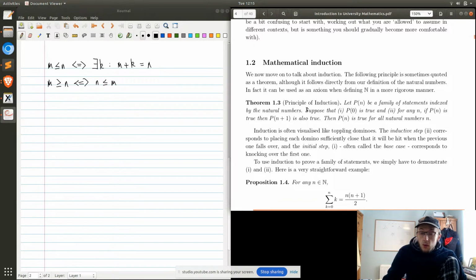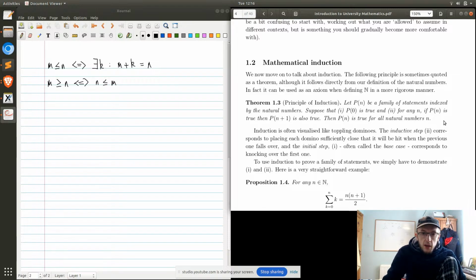Then from these two suppositions, P of n is true for all natural numbers n. Induction is often visualized like toppling dominoes. The inductive step, 2, corresponds to actually placing each domino sufficiently close that it will be hit when the previous one falls over.